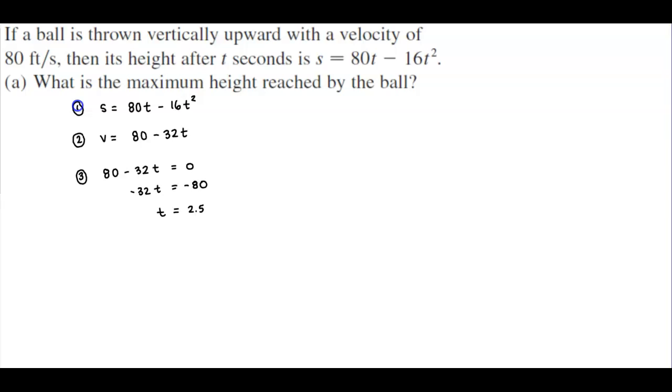But now we want to plug that time back into the position function to determine what is the maximum height reached by the ball. So knowing that t is equal to 2.5, we're going to plug it into the position function of 80t minus 16t squared.